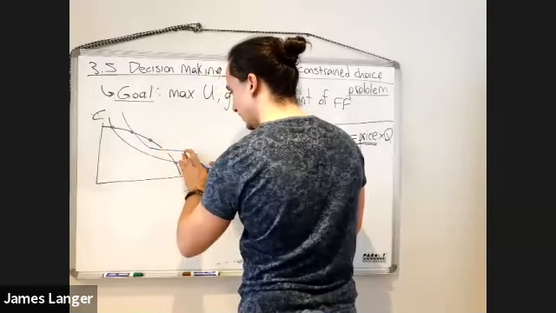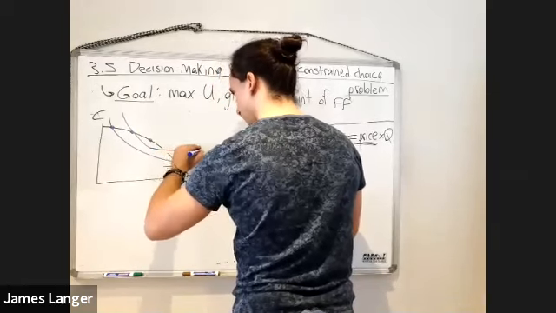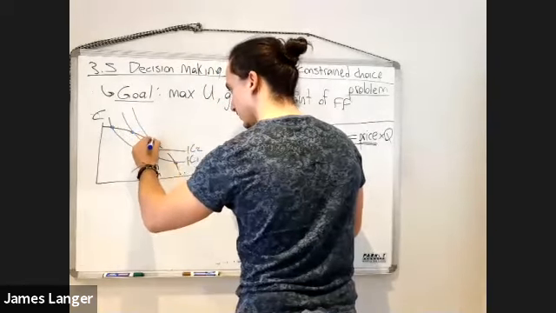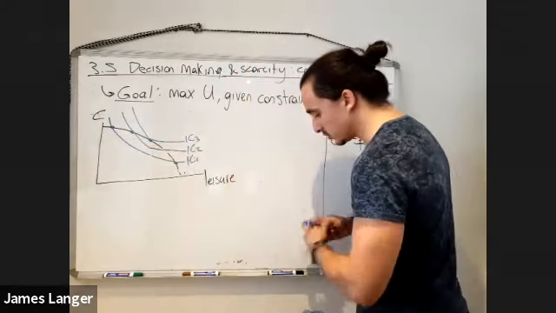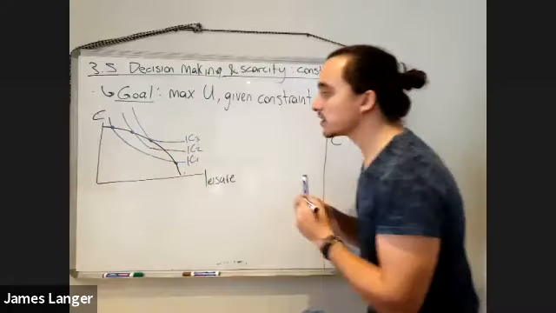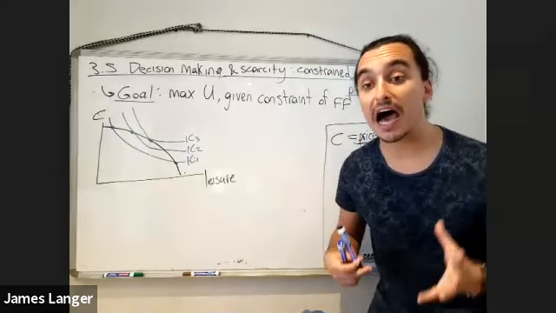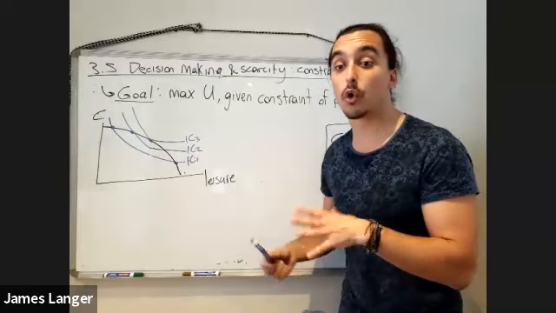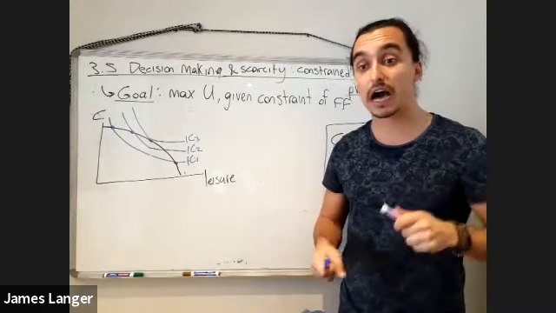I see one. If I want to maximize my utility, guys, so sorry for just pausing there. If I want to maximize my utility, then do I want to be on the highest indifference curve possible or on the lowest indifference curve possible? Right? Give me an answer. What do you guys think, highest or lowest?